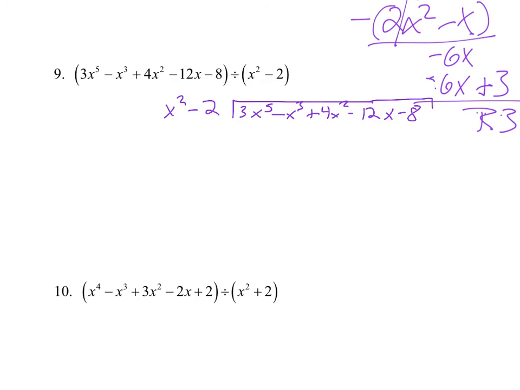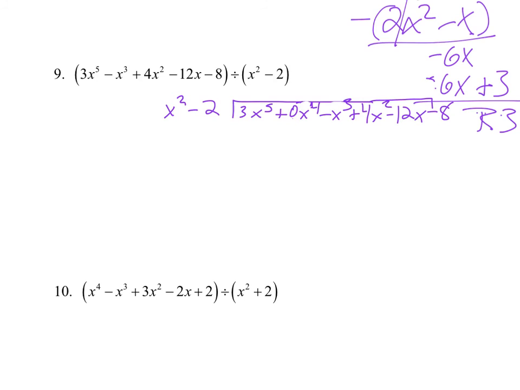Okay, so I'm going to erase that. Okay. Plus 0x to the 4th minus x cubed plus 4x squared minus 12x minus 8.